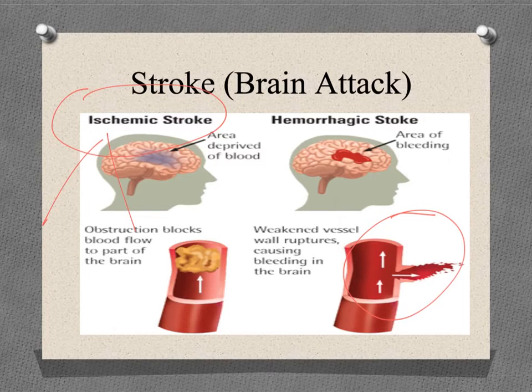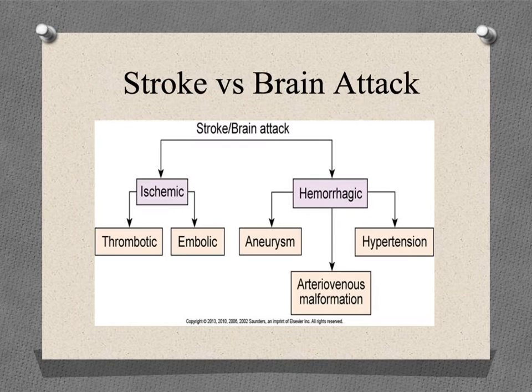That increased intracranial pressure can lead to a neurologic death, which we know as the term brain dead. So that's why the hemorrhagic stroke can be very, very detrimental to a patient. And we'll talk about each one more specifically.